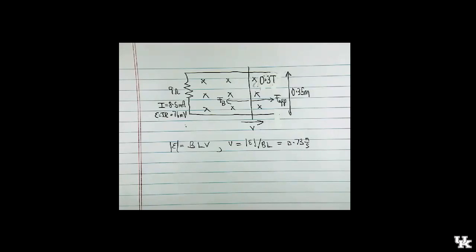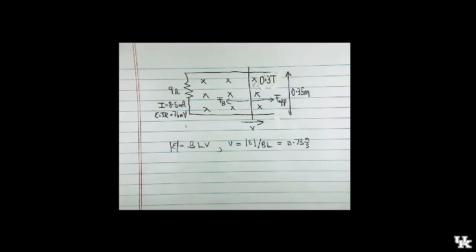So I'm going to use a right-hand rule. I'm going to point my thumb in the direction of the field that the induced current is creating. And my fingers will naturally curl in the direction of the resulting current that's flowing in the loop.